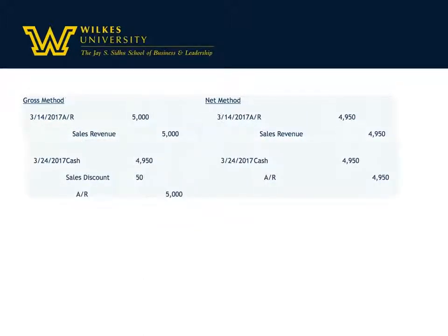On March 24th, under the gross method, the cash is received at $4,950. So we've got to go ahead and record that with a debit to cash for $4,950. We're going to show the sales discount. This sales discount is a contra asset account, which means it has the opposite balance.